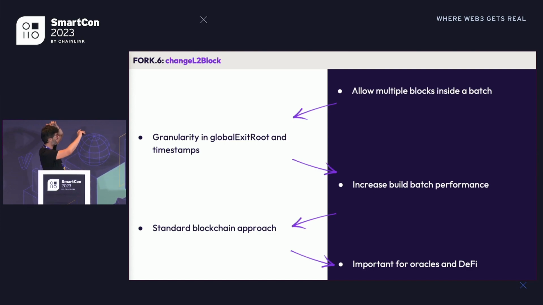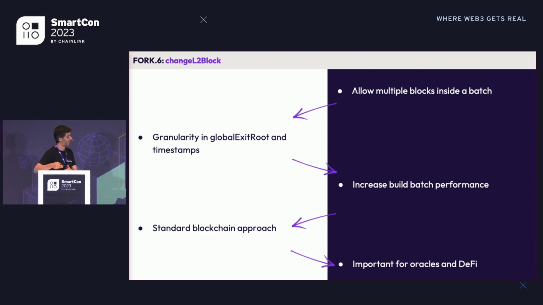Well, I already said this allows multiple blocks to be built inside the batch. Nowadays, in blockchain, if you have a block time of 30 seconds, 40 seconds, decentralized finance applications, oracles, and so on, they don't like that. So they need more granularity in timestamp, probably 3 seconds, 4 seconds, 5 seconds, 12 seconds in theory. This also will increase the batch performance.